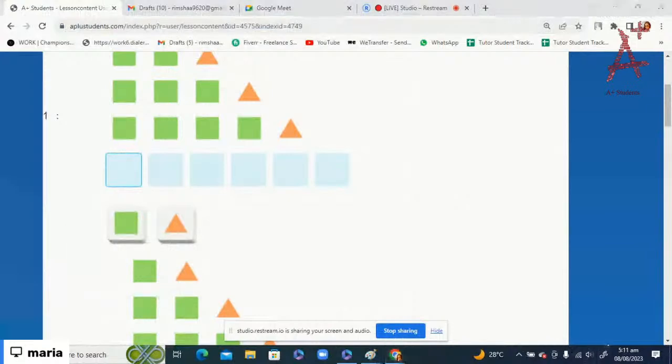So what does it become? It means that here is one, two, three, four squares, one triangle. So here it becomes five squares and one triangle, because the number of squares is increased. In the first row it's one, then in the second row it's two, in the third row it's three, in the fourth row it's four, now in the fifth row it's five.